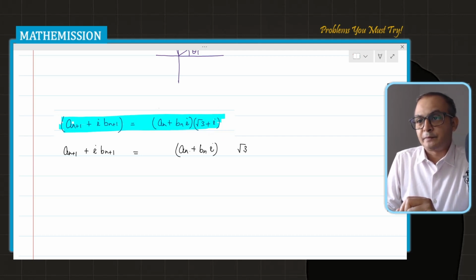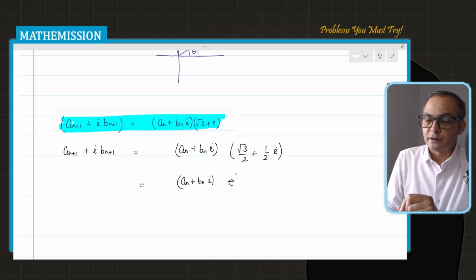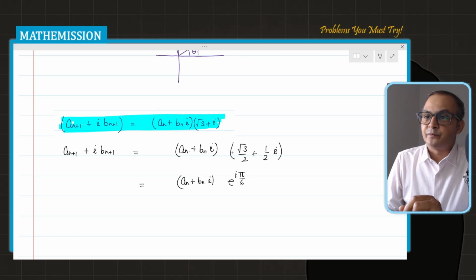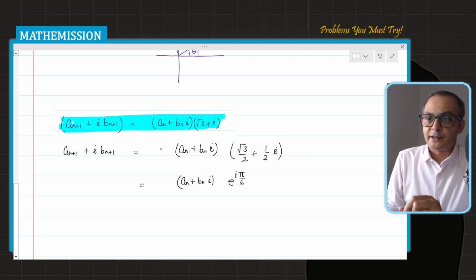This is root 3 by 2 plus 1 by 2 i, and this can be written as e to the power i pi by 6. But here, one mistake I made is that I have to multiply this entire value by 2 because I have divided by 2. So I'm multiplying this 2 here, so it will be there.